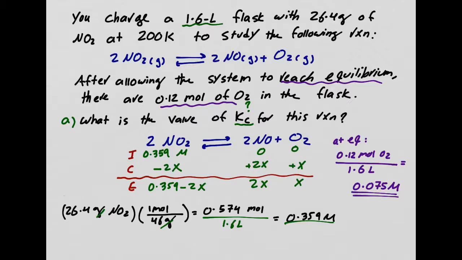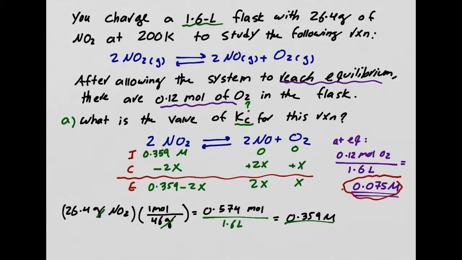Now, what does that represent? Here is the molarity of O2 at equilibrium. If I come over here, this is O2. At equilibrium, O2 is x, and I know at equilibrium, O2 is 0.075.